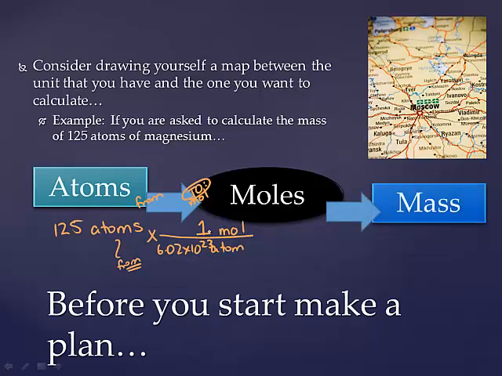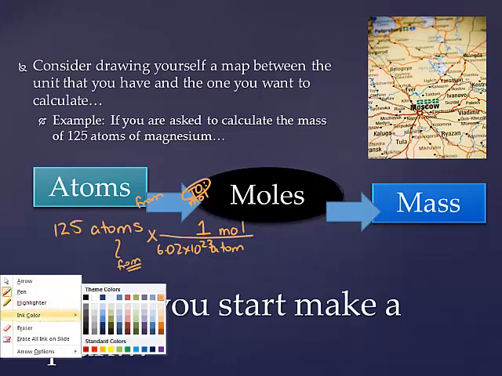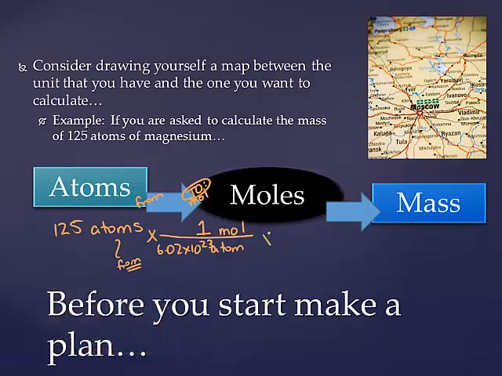What it's asking us for is the mass. So that means that I need to do another conversion or another step. So I'm going to draw another X and another line. This time my from unit is the mole. The unit I'm going from is the mole, so I'm going to place that on the bottom. And remember, you always for now put a 1 in front of the mole.